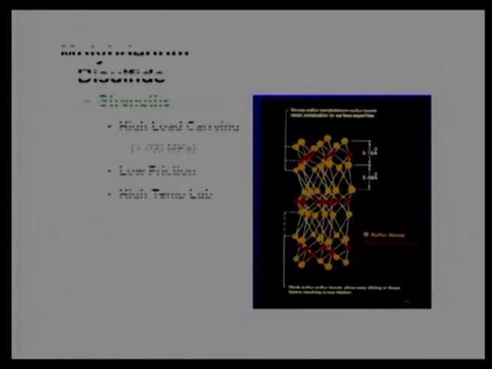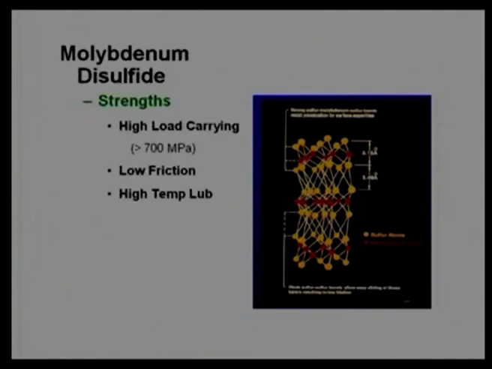One common example is molybdenum disulfide, a well known solid lubricant and well known lamellar solid. This material has a layered structure, which can be described based on its molecular structure. You can see there are molybdenum molecules and these are sulfur molecules.